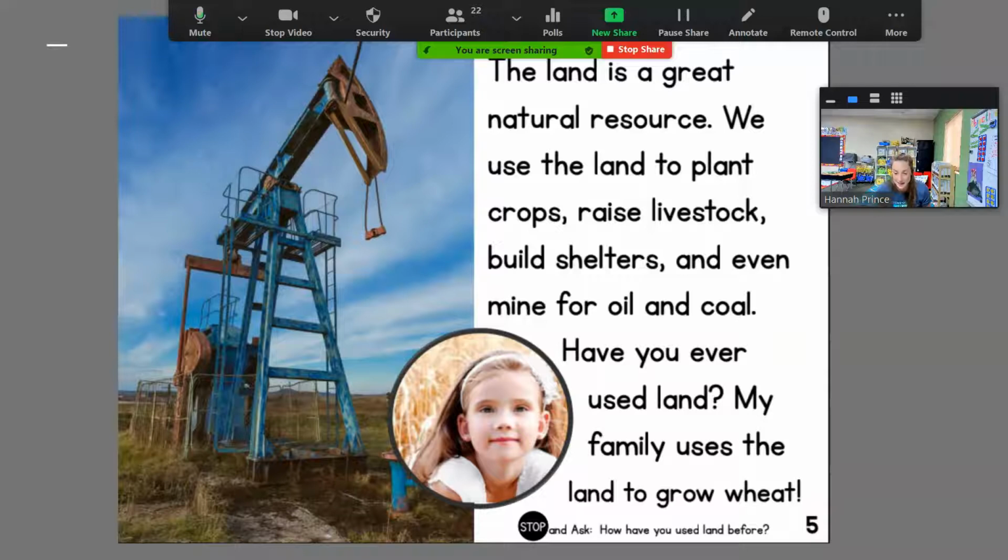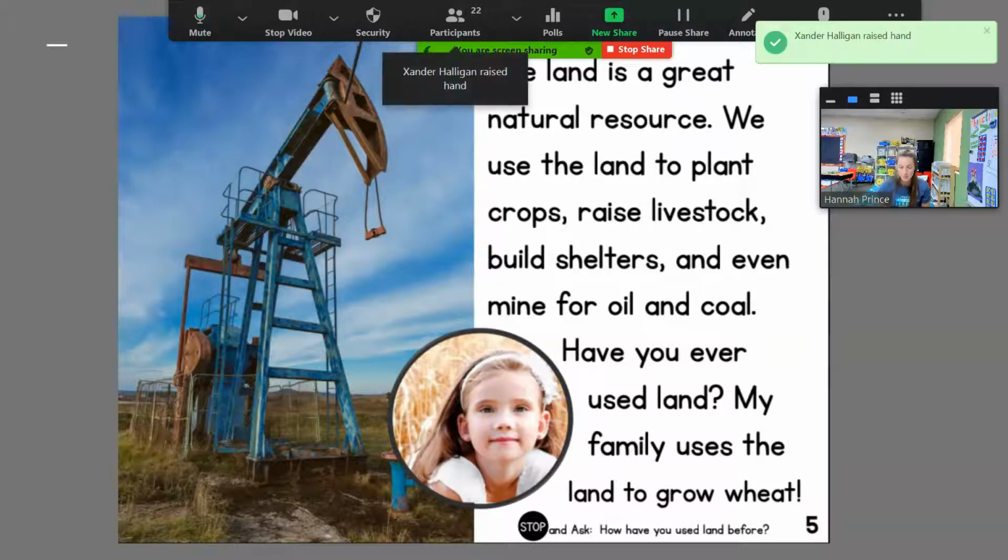The land is a great natural resource. We use the land to plant crops, raise livestock, build shelters, and even mine for oil and coal. Have you ever used land? My family uses the land to grow wheat. So remember how we talked about that? Xander, do you have a question?